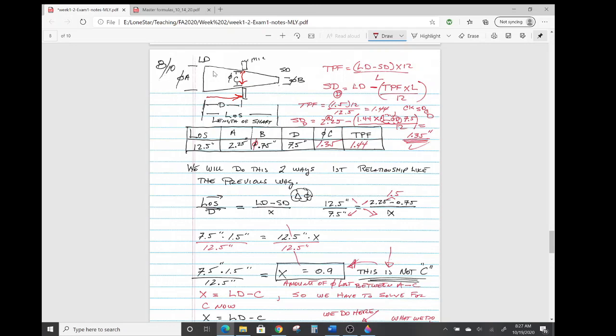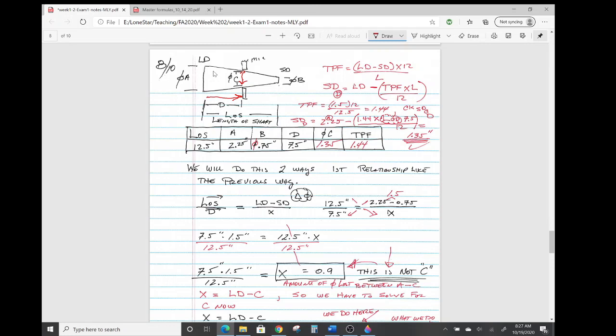So over this total length, if we subtracted the small diameter from the large diameter, we would get our delta, or our difference in diameter. Now, that's the same thing as the total taper lost over the total length. Yes, it is. And then we're going to solve for the diameter at point D, which is X.